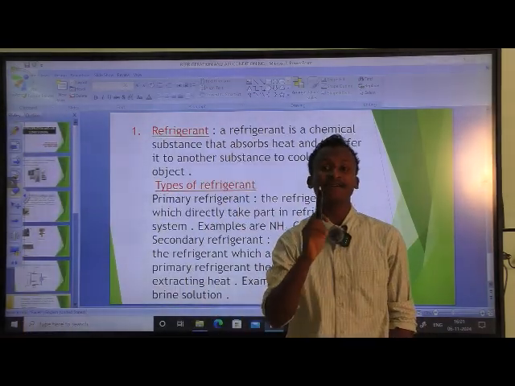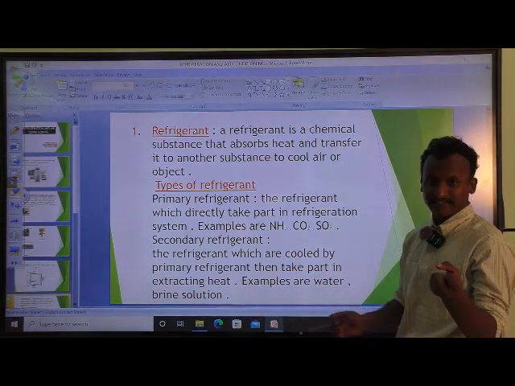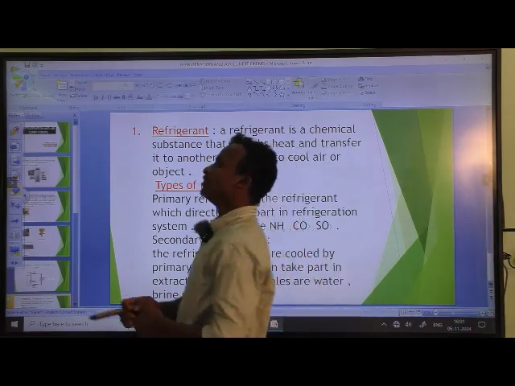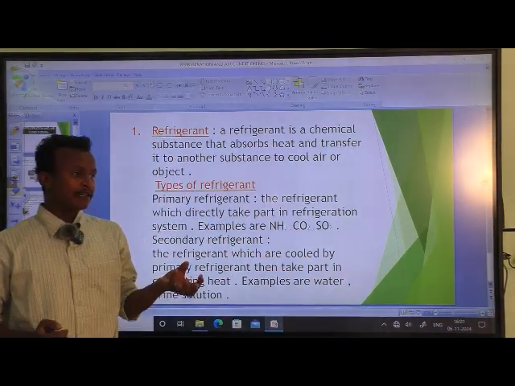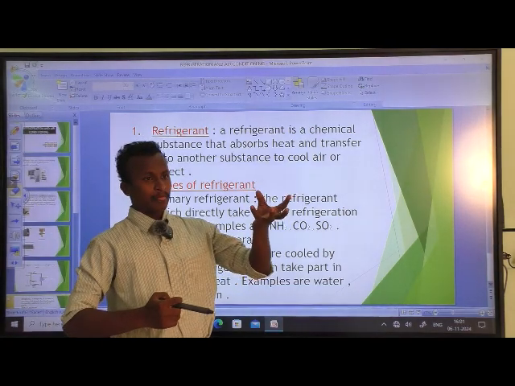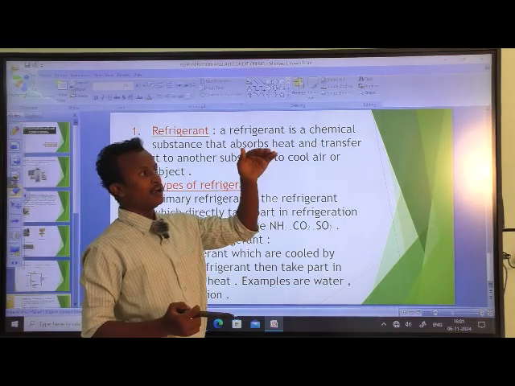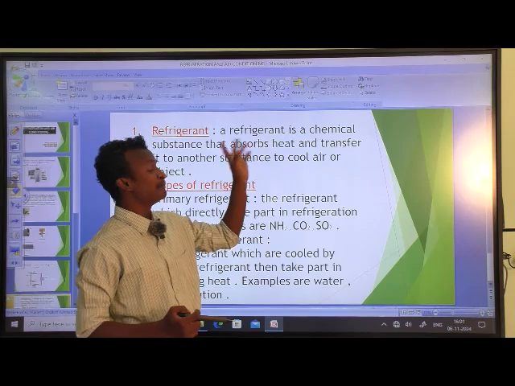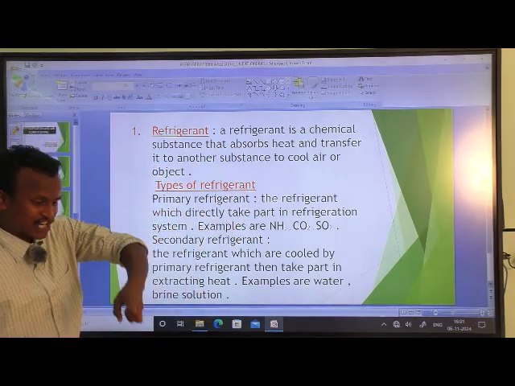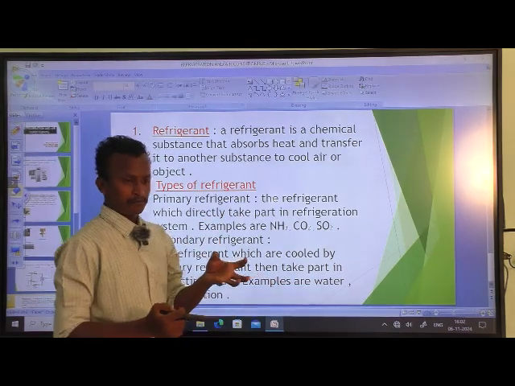A refrigerant is a chemical substance that absorbs heat. As I told you, when I put an apple inside the evaporator, the heat is extracted from the apple to the evaporator. How? Because of the refrigerant. The refrigerant extracts heat from the apple.